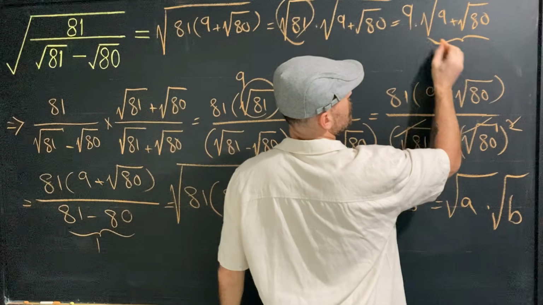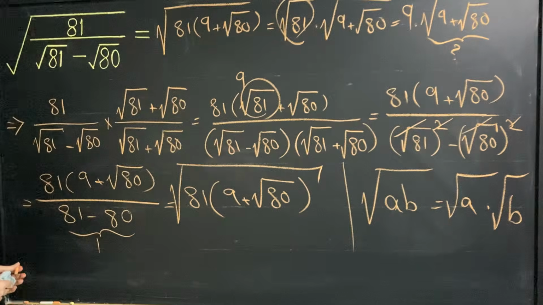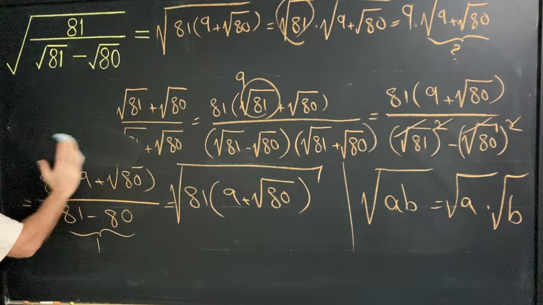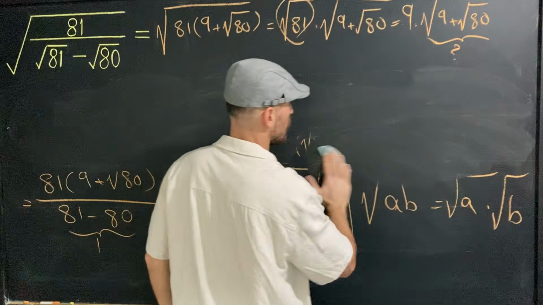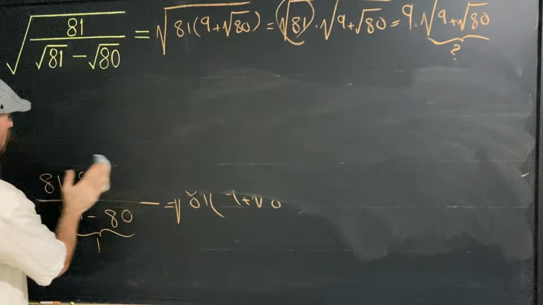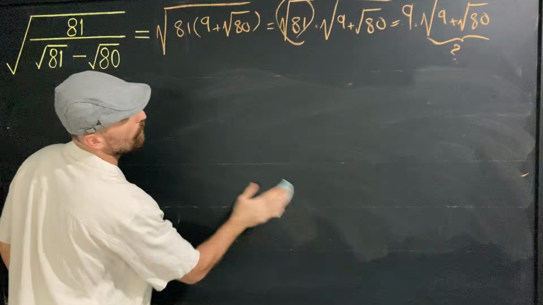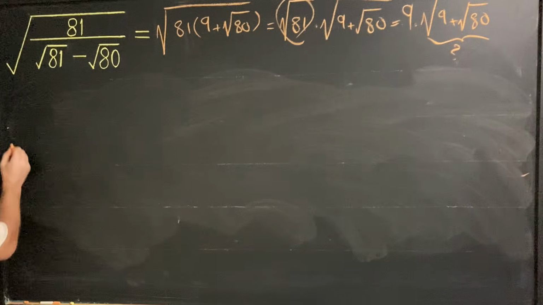So in this step, we need to find out second root of 9 plus second root of 80. Let me erase this part. Sorry, guys. Okay, can you suggest me the next step? How can we calculate the value of second root of 9 plus second root of 80, which means this one?